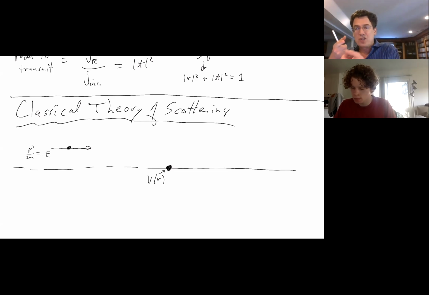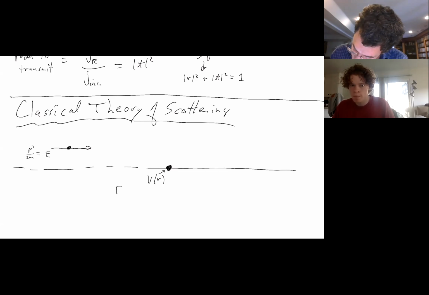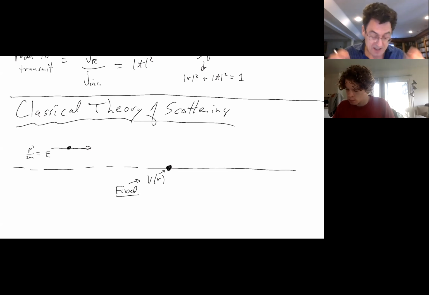I can shoot a BB from a gun with a known velocity, momentum, and so I know the energy of that thing. And so it comes at my scatterer, and let's assume that this scatterer is fixed for simplicity. It doesn't have to be fixed, but that makes it easier.